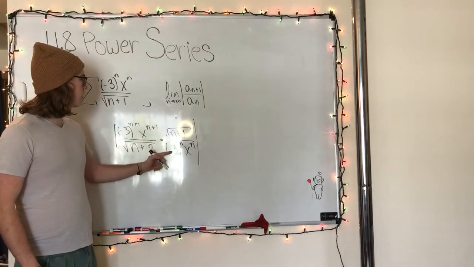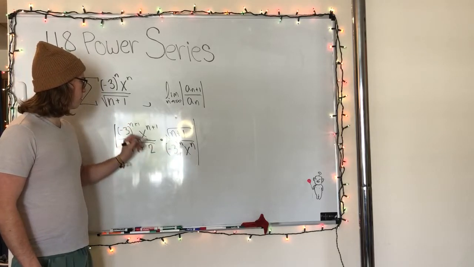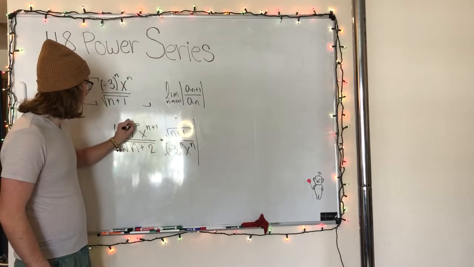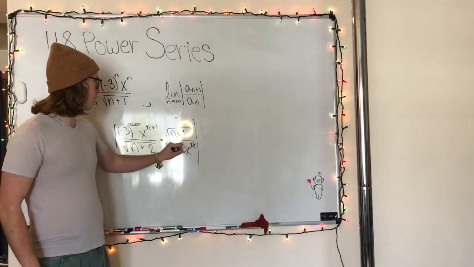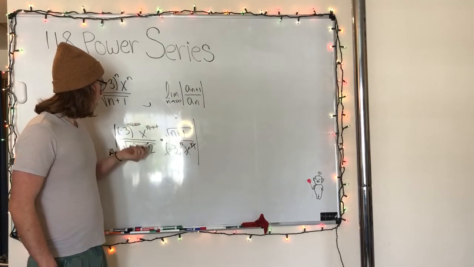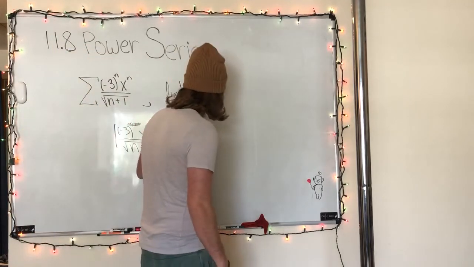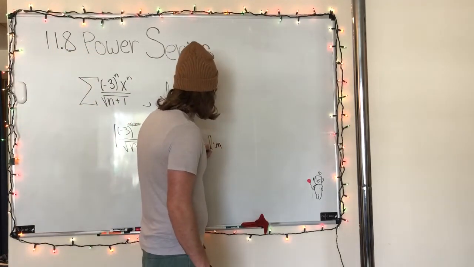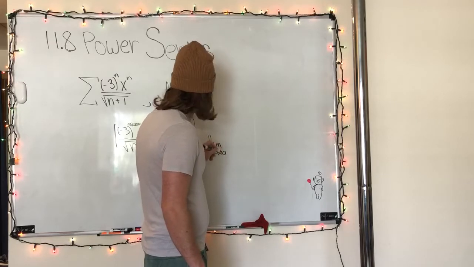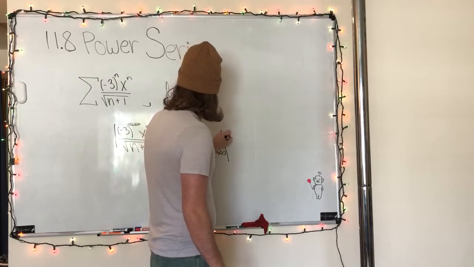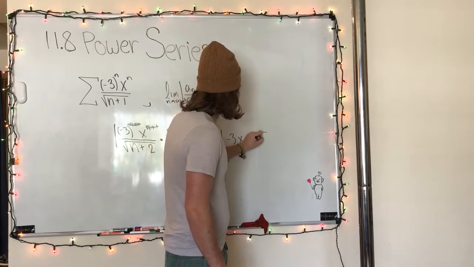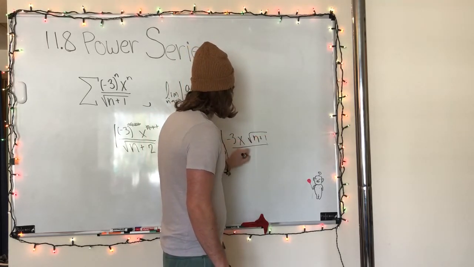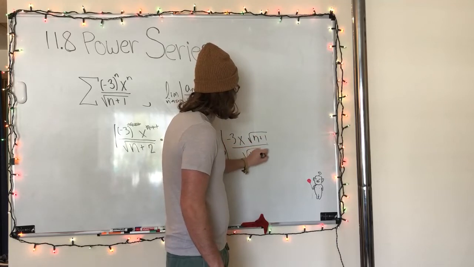So this negative 3 to the n can cancel with the negative 3 to the n plus 1 and just leave a 3 over. And then the same thing can be done with the x to the n and the x to the n plus 1. And then we get that this is equal to the limit, as n approaches infinity, of negative 3x times root n plus 1 over root n plus 2.